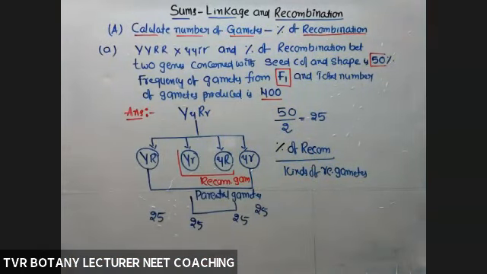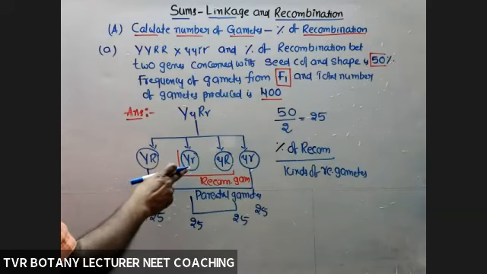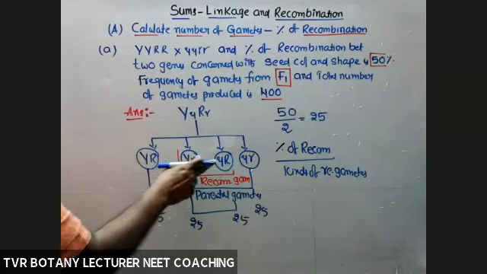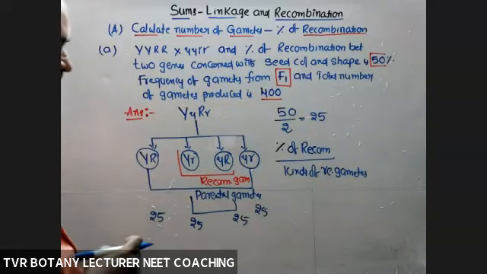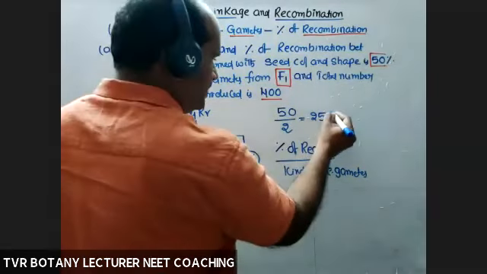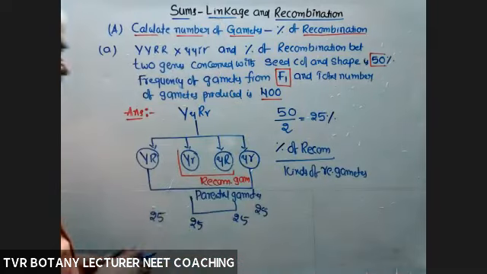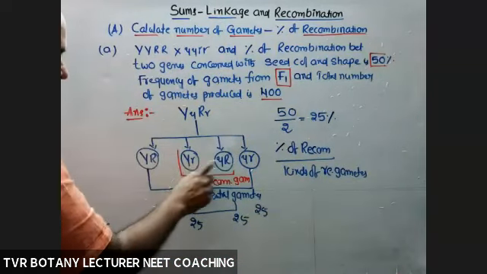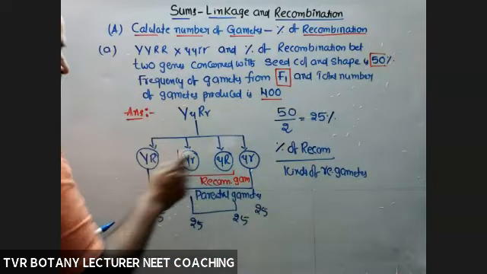You will get the percentage of individual kinds of recombinant gametes. So definitely 25%. So 50% should be shared by 2 kinds of recombinant gametes.